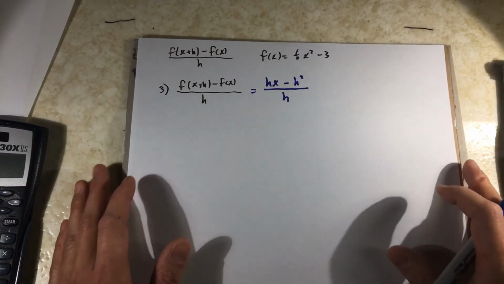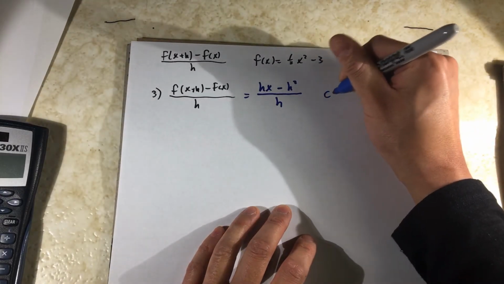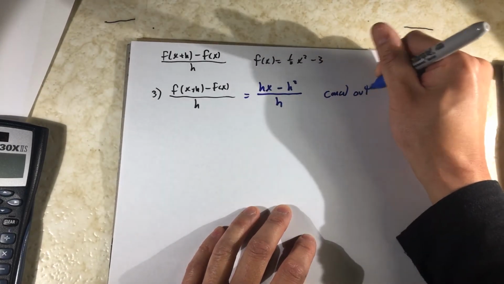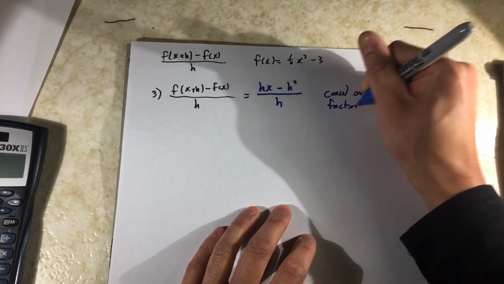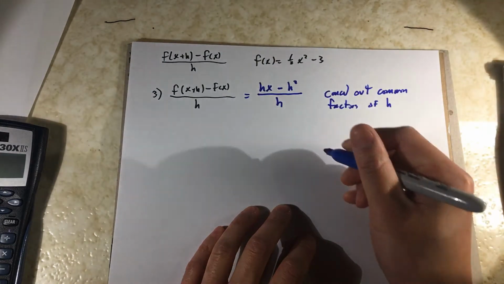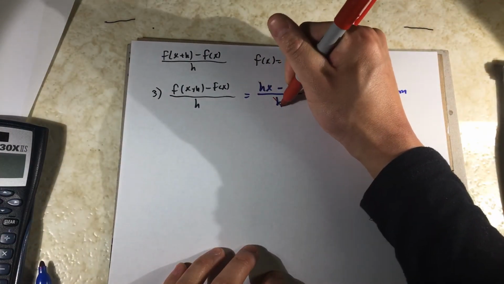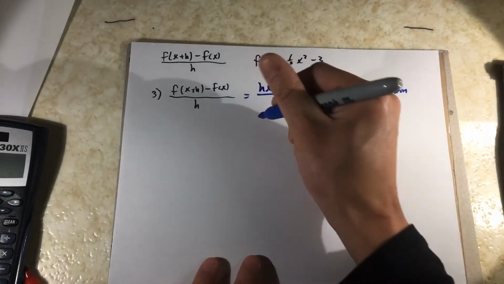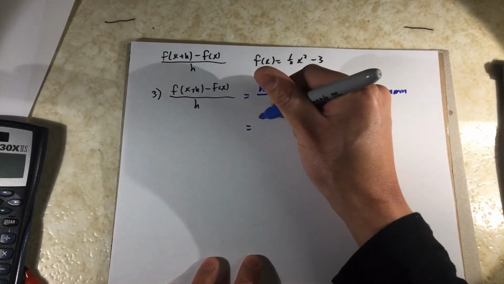From this step, what we're going to do is cancel out common factors of h. Actually, let me take one more step here: if you have something like this, you divide each term by the denominator.